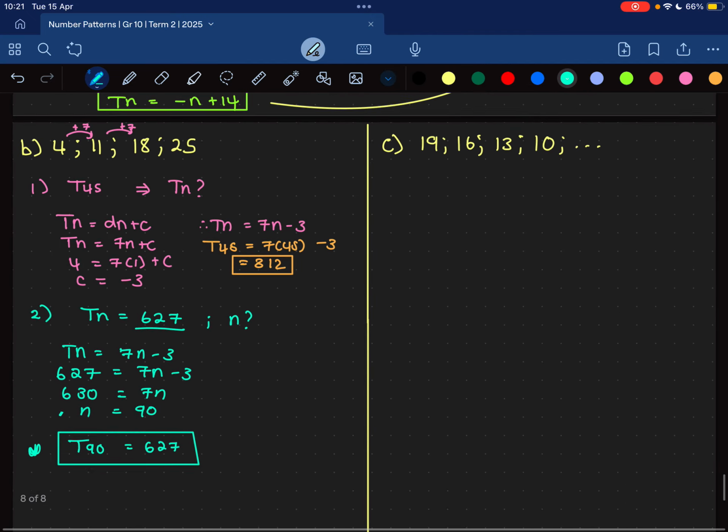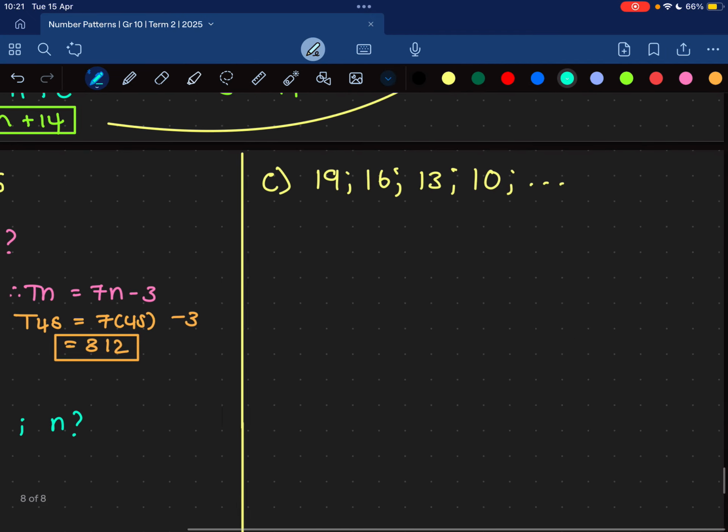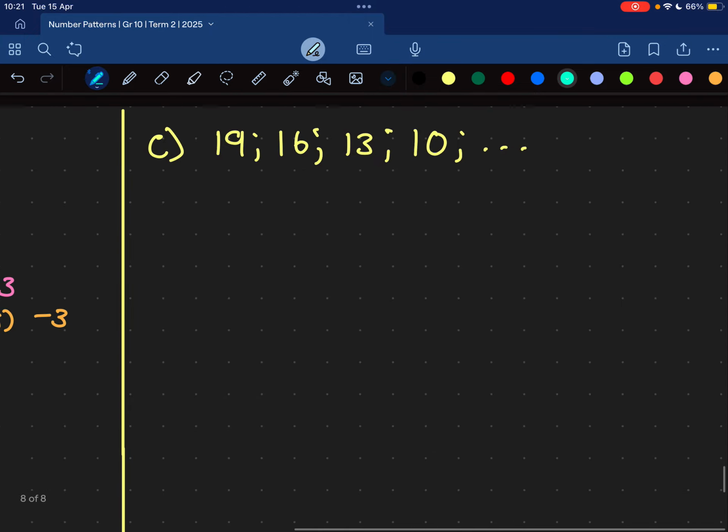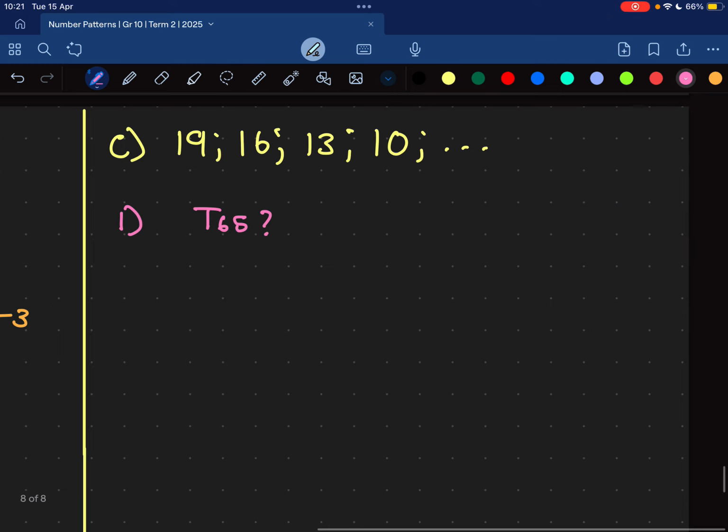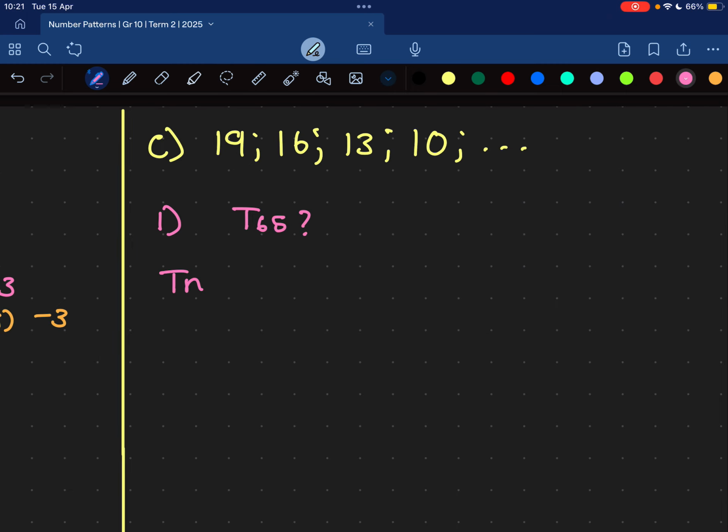Okay, so let's look at C. Again, the first question asks you to determine the value of the 65th term, but you can't do that until you have Tn. So Tn is equal to dn plus c.